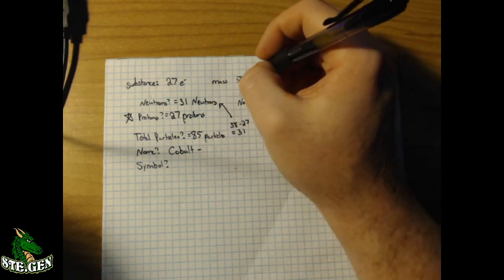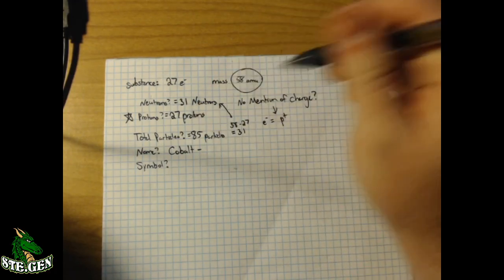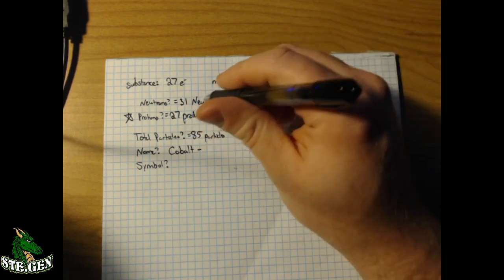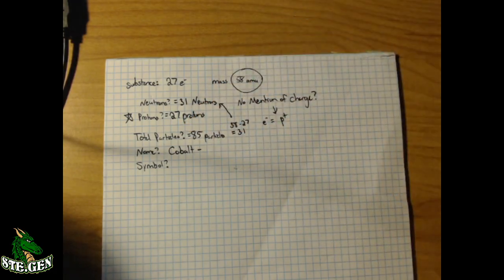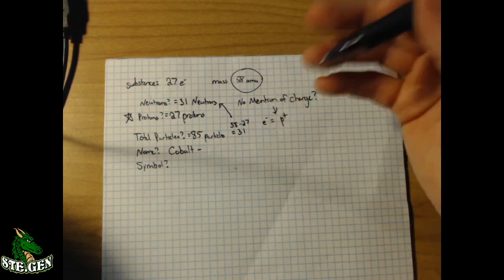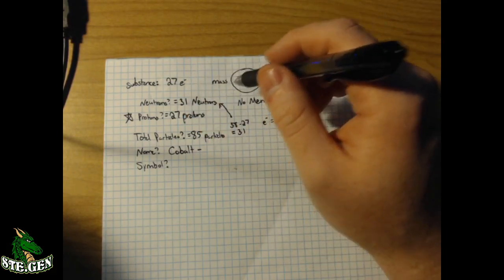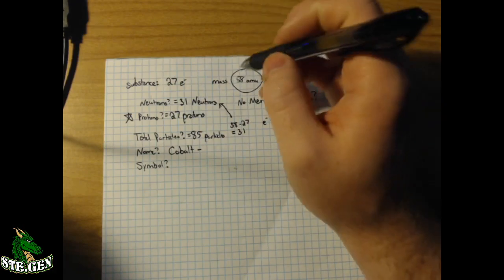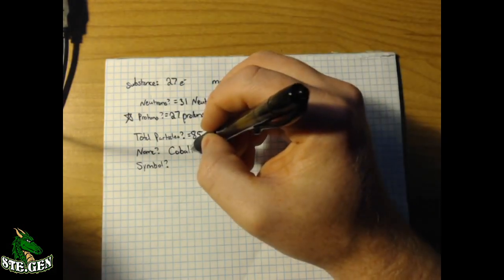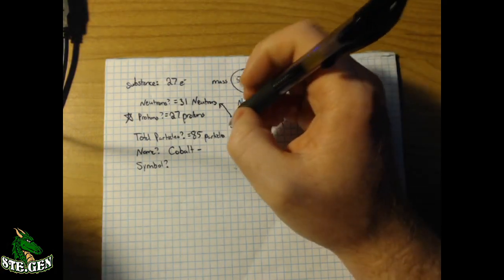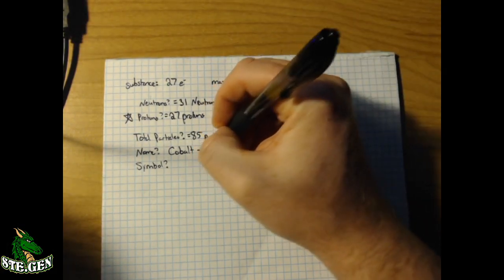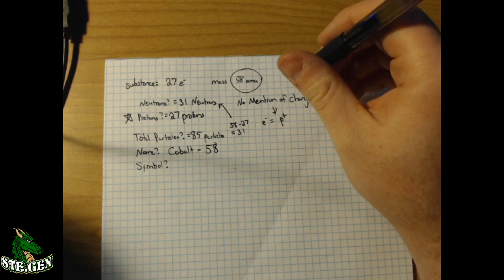What we're actually going to use is the mass. The reason we're not going to use the neutrons is that you don't need the number of neutrons in any calculations if you're trying to figure out how heavy something is or how it differentiates. The neutrons are really only there for stability purposes, so 58 will tell us, based on number of protons, how many neutrons it has anyway. You just need a little bit of math. So we'll call that cobalt-58.